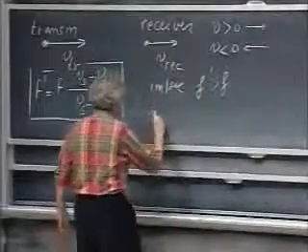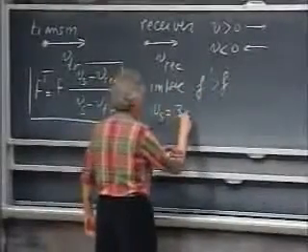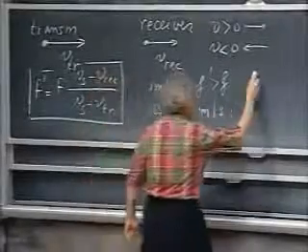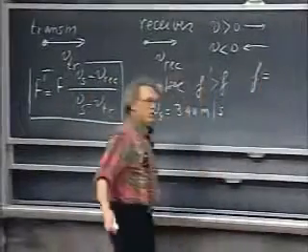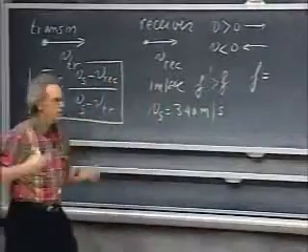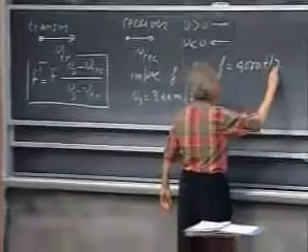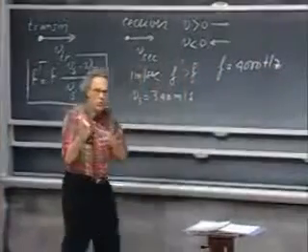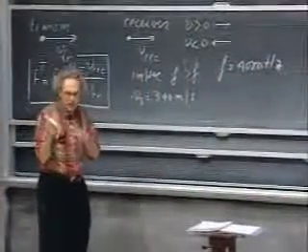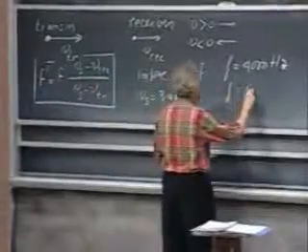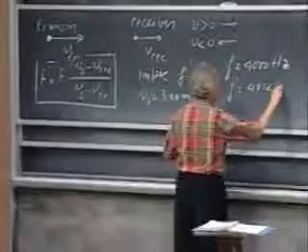The speed of sound is 340 meters per second. So if f, which is the frequency that I will produce, is 4,000 hertz, then if I move to you with 1 meter per second, which I'm going to try to do, then the frequency that you will experience is about 4,012 hertz.